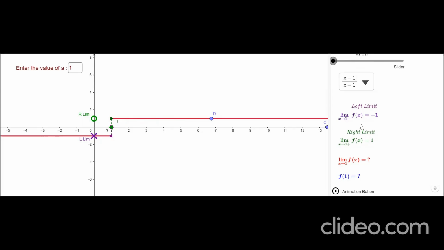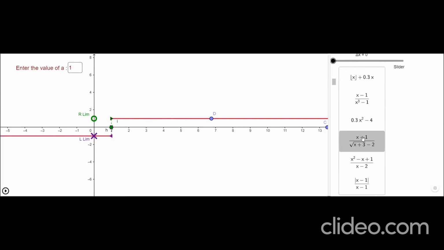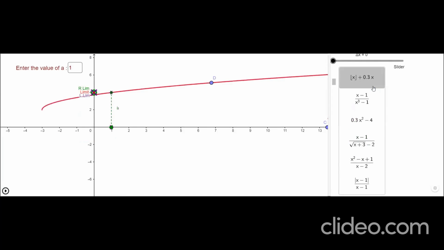On the right side I have written 1 minus, it will be minus 1 and 1. They are different. Left limit and right limit are different. So in this case, we say limit does not exist. So these are the three cases: limit exists, limit does not exist, and limit does not exist in the case of infinity also. This is another example.